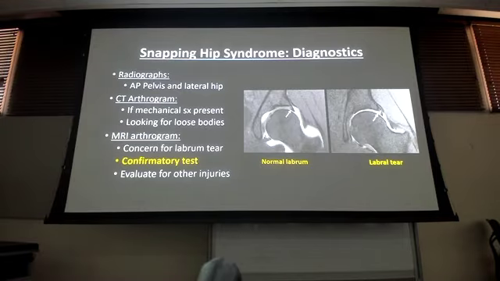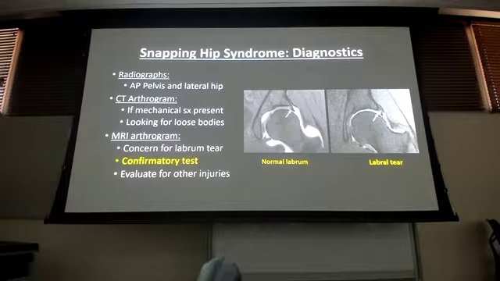Good to go? So diagnostic-wise, again, we kind of covered this already, but radiographs: AP pelvis and lateral hip, okay? I did highlight yesterday that when it comes to pelvic films versus hip films versus SI joint films, et cetera, there's a lot of films you can order.